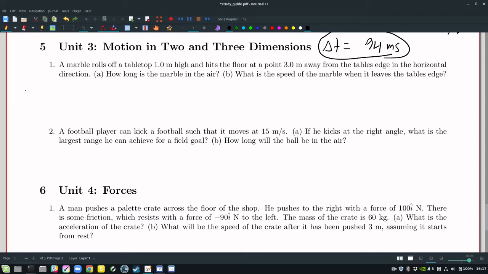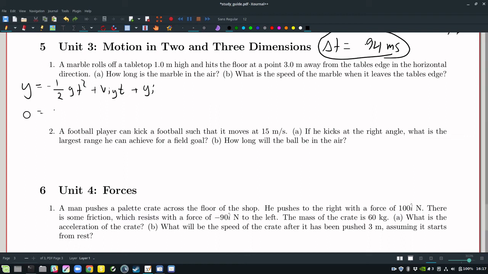And so for that, we can use the quadratic equation. y is equal to negative 1/2 g t squared plus v initial in the y direction times time plus y initial. Now, what we're looking for is when y is equal to 0, that's when it hits the floor.